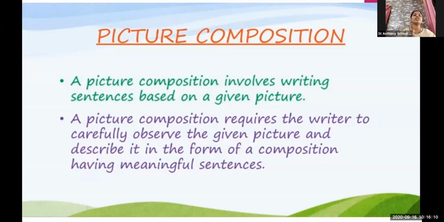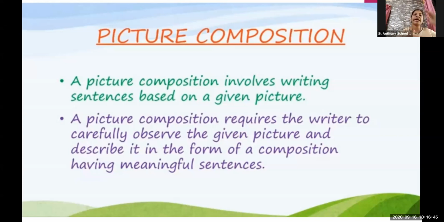Follow the steps, keep describing one thing at a time, don't make it jumbled. Use simple, short and easy sentences, but they should be meaningful. There should be an action verb, like the sun is looking very beautiful, the sun is very bright, the sun is shining in the sky. Meaningful sentences like this you have to write. That is called picture description or composition.